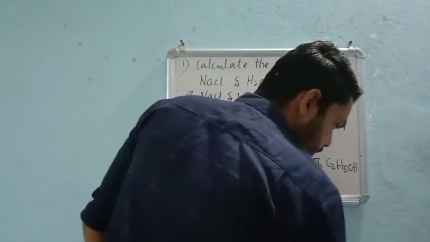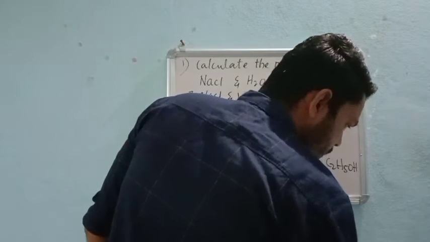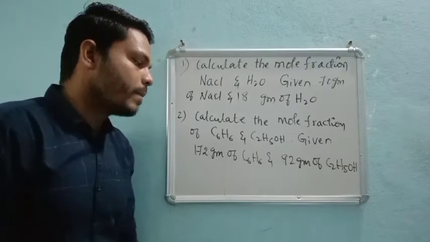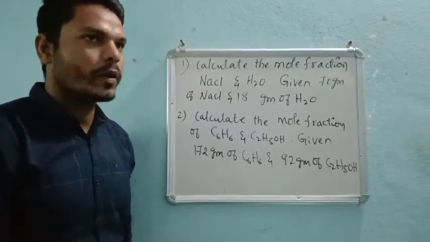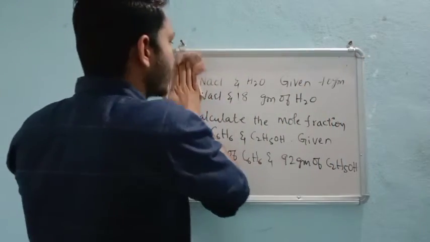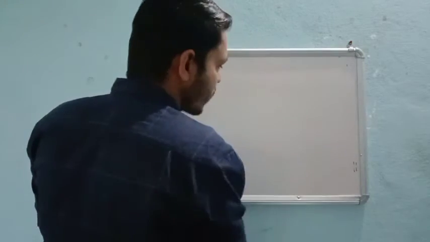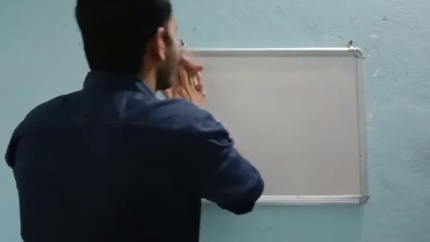Now the last part of this chapter. Mass percentage and volume percentage we need to calculate. These are the two concepts left in this particular chapter. These are also based on calculation itself, very simple type of calculation.